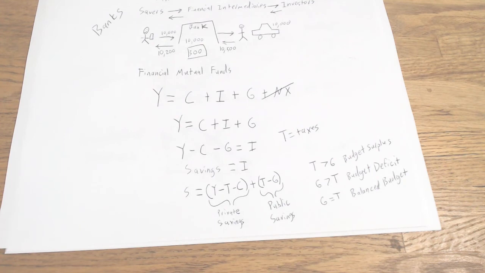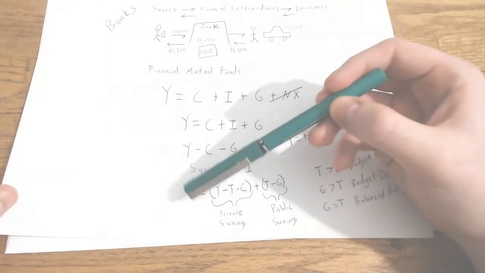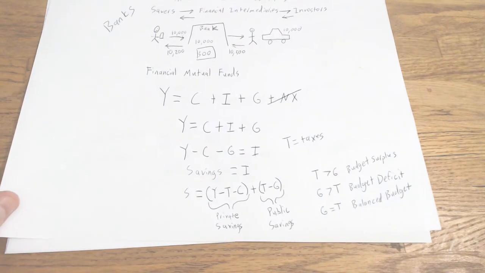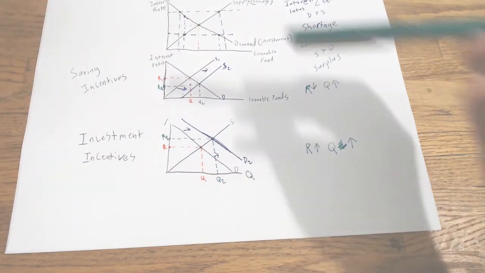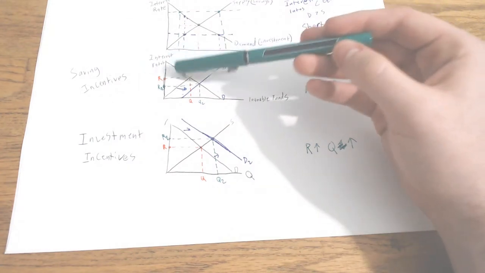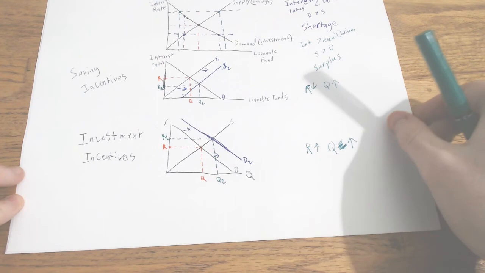If the government runs a budget deficit, this means their spending is greater than investment, which means savings is going down, right? So our savings is going down. If savings is going down, we're going to shift the curve to the left, and we can draw that. And if it shifts to the left, we already know what's going to happen.